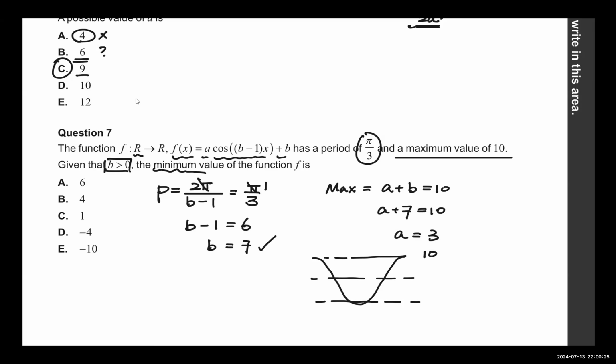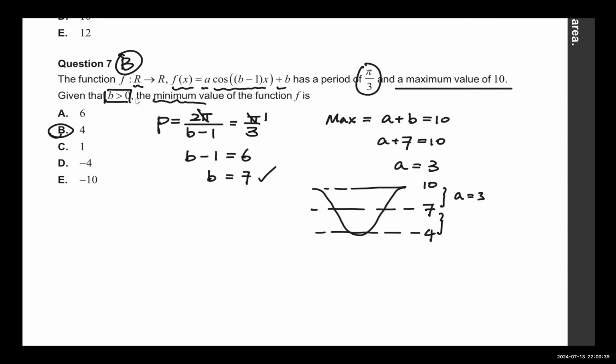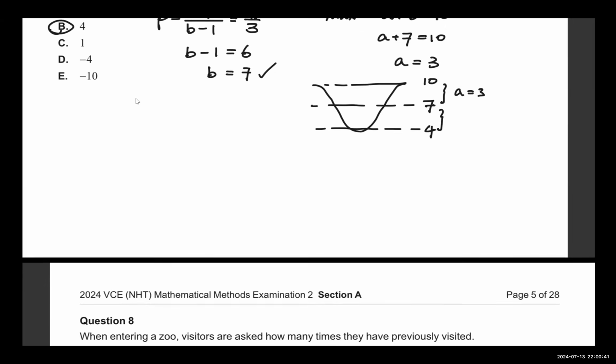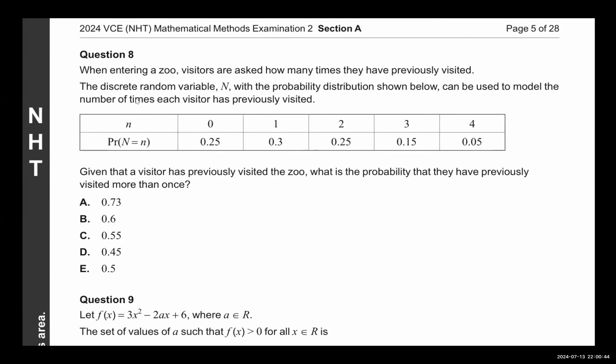This is a maximum 10. This is a middle line 7. The amplitude is 3, so the minimum must be 4. Option B must be the minimum value of the function. Okay? So far, the 7 questions are very straightforward.